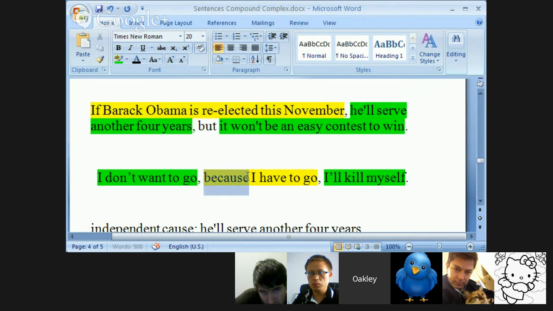Well, it's definitely dependent. It's definitely dependent, right? But if I replace "because" with "but," it becomes independent. Yeah, you can play around with that. Yes, I know what you're saying. Right. You can substitute the coordinators for subordinators back and forth, and it's the same.